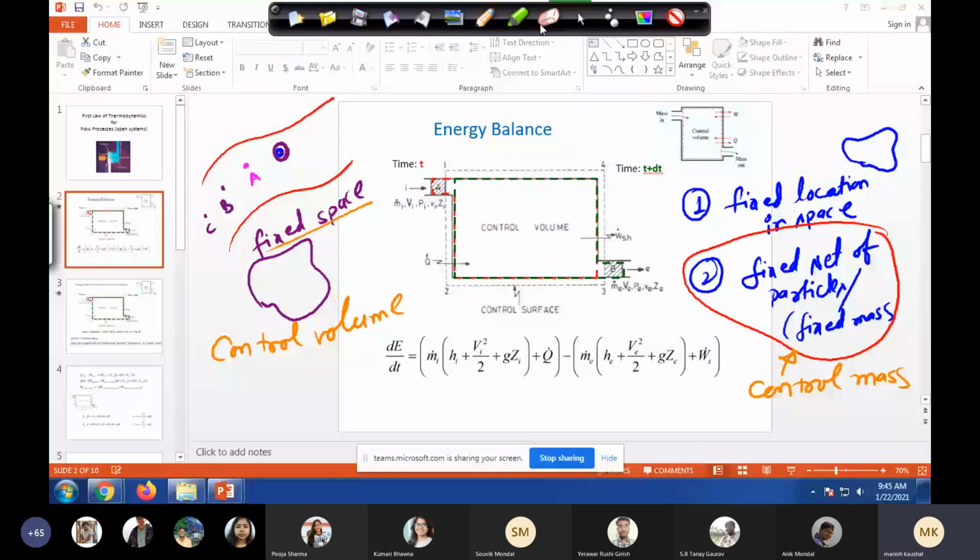I am asking that either Newton's second law, that is momentum conservation, or the first law, that is energy balance, do we apply it to a control volume or control mass, a fixed space or a fixed set of particles? Or is it valid for both? Or is it difficult to guess?